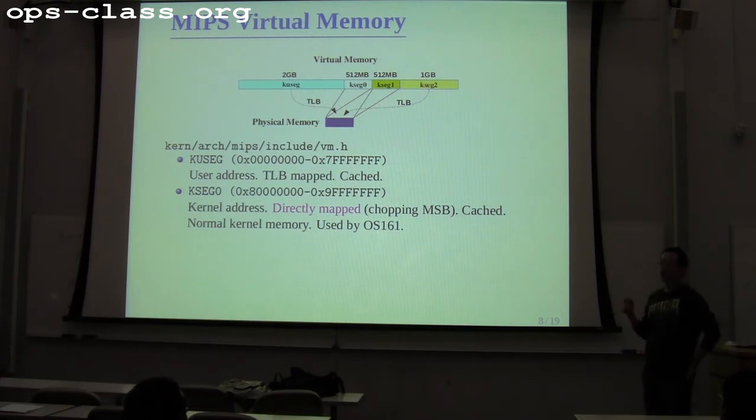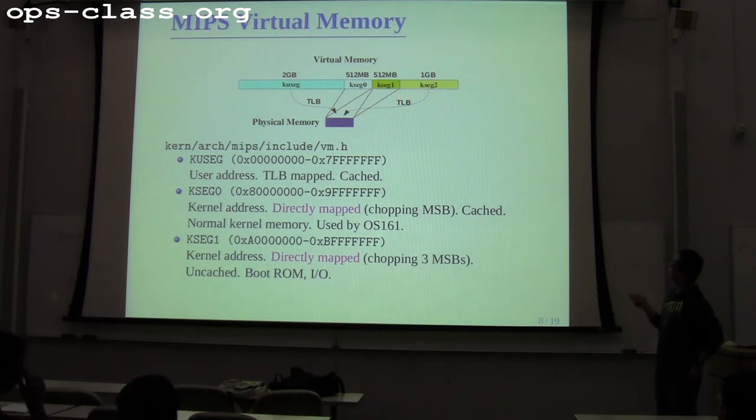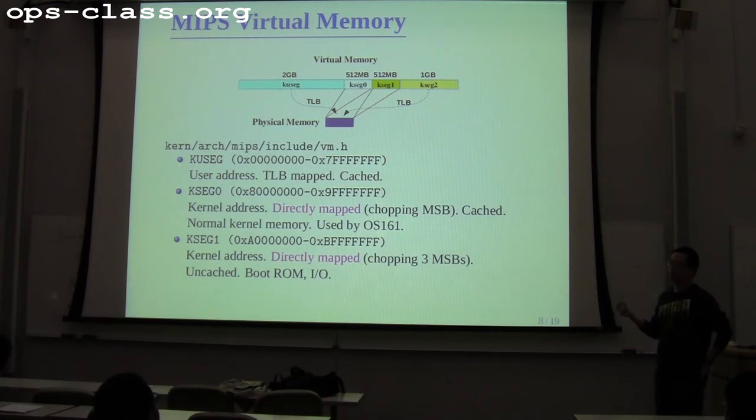As long as the kernel knows which physical address to access, it can always come up with a kernel virtual address that accesses that physical memory. Okay, and then comes kernel segment 1, from this address to this address. It's also directly mapped, meaning that if the hardware sees a virtual address in this region, it will set the three most significant bits to 0 and use that as the physical address.